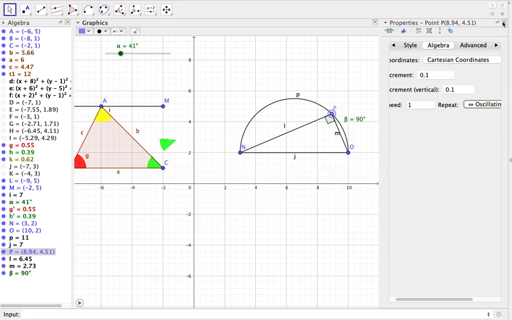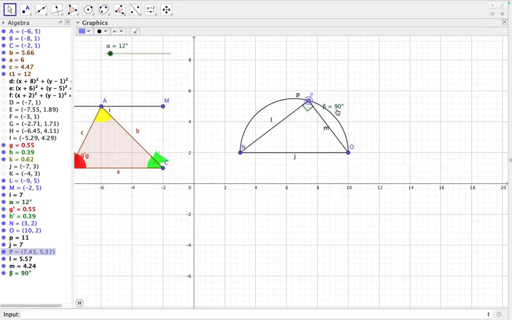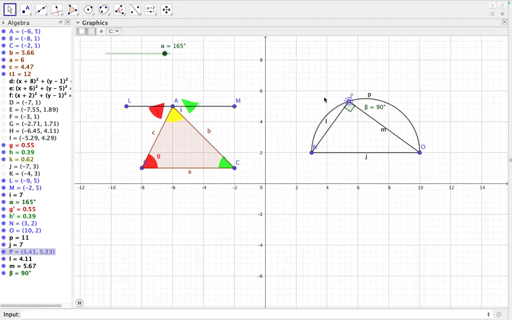Oscillation is much better because it makes the point move up and down instead of just moving up or just moving down. So you see it moves, then it goes backwards again. And that is exactly the beauty we want here.